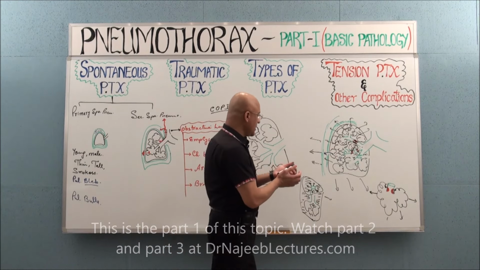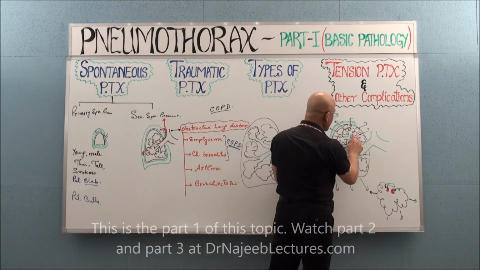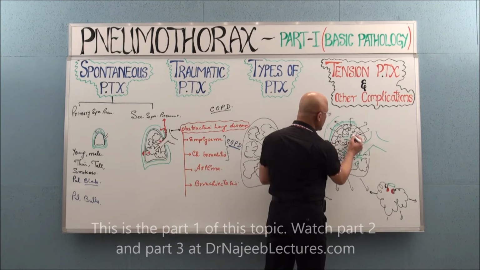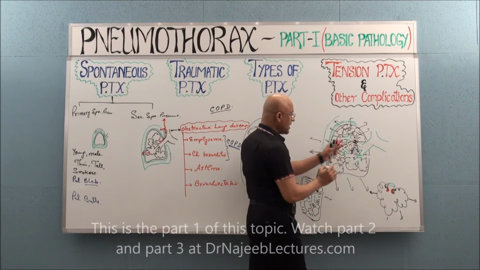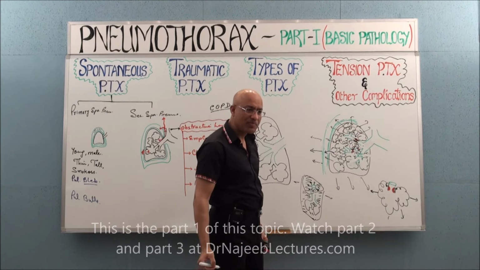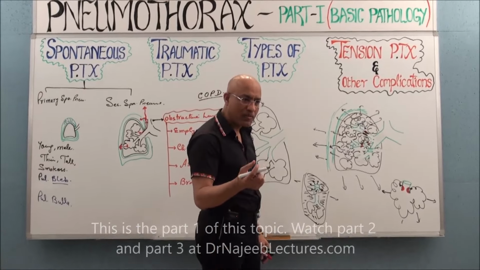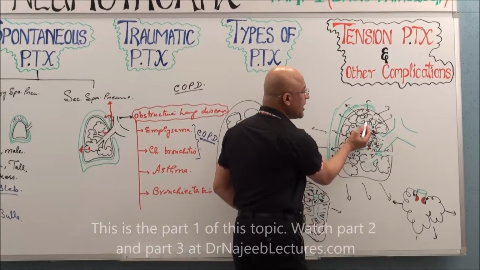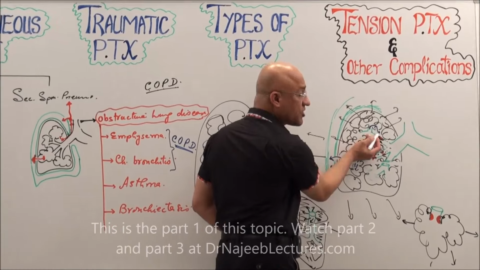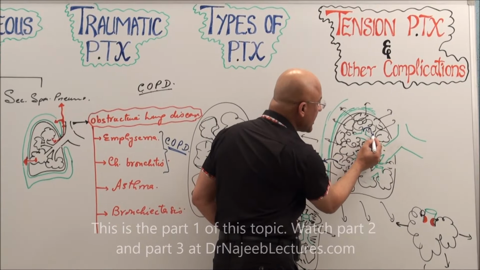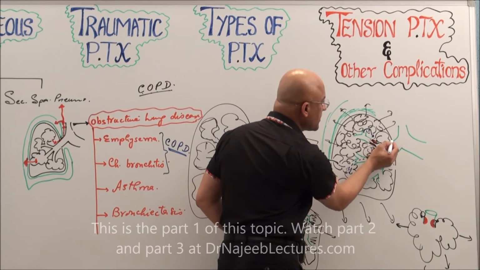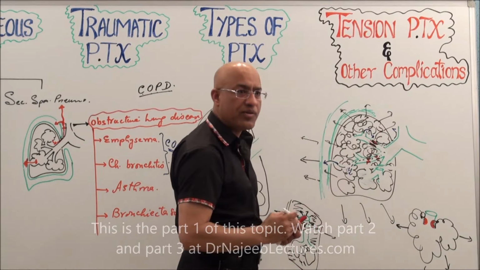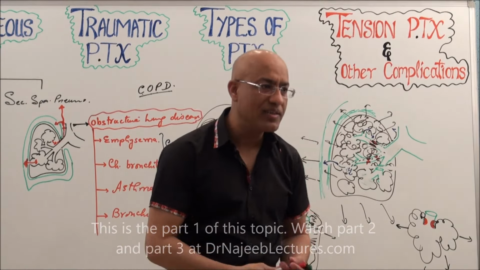Or alveolar rupture, where? In the interstitium, delicate walls. When the alveoli rupture, air which was under pressure will enter into the interstitium, and this interstitial air will track, as I mentioned previously, and eventually enter into the pleural cavity.